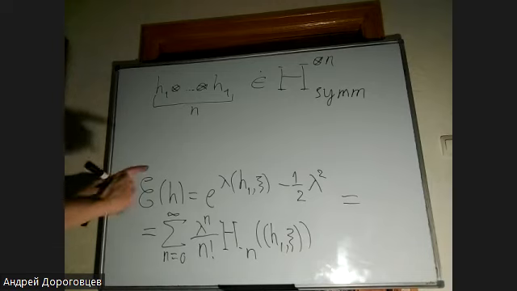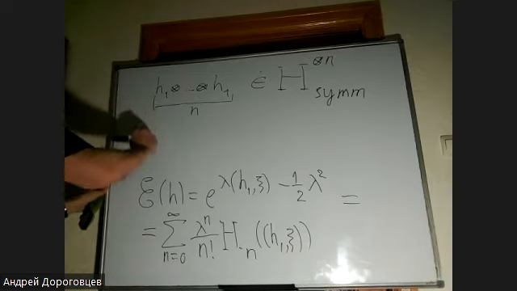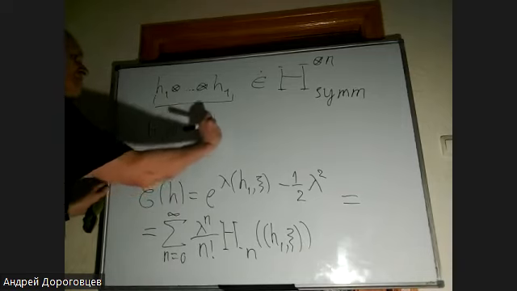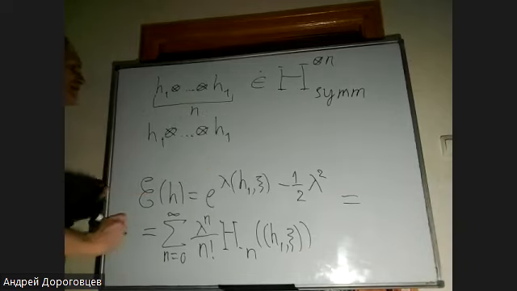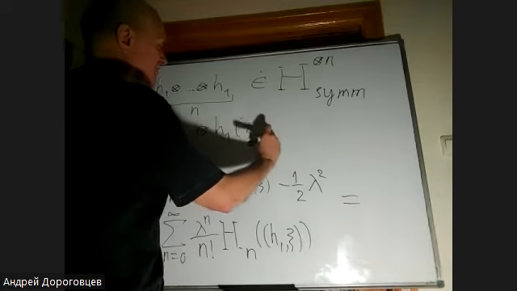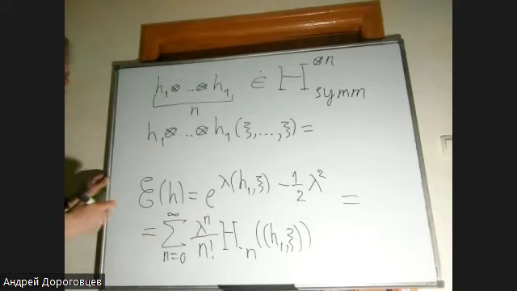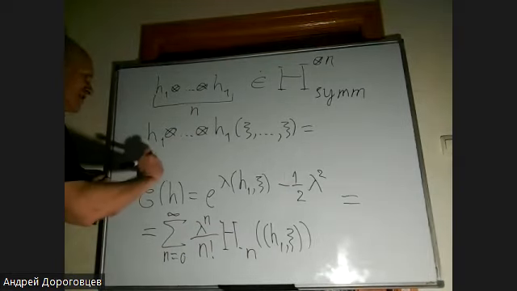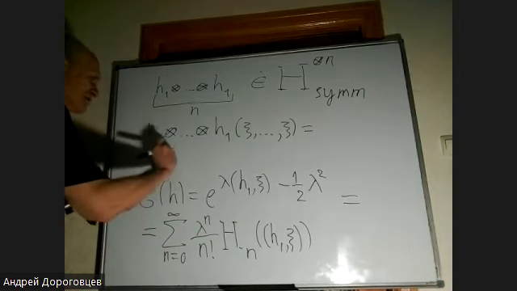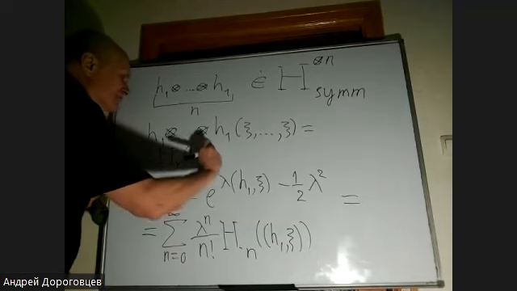So if I consider h1 tensor n integrated with respect to xi, by definition, it will be exactly the Hermite polynomial of degree n from h1 xi.